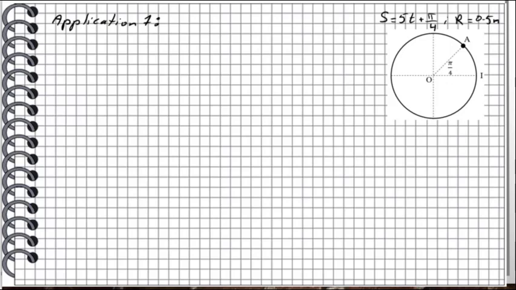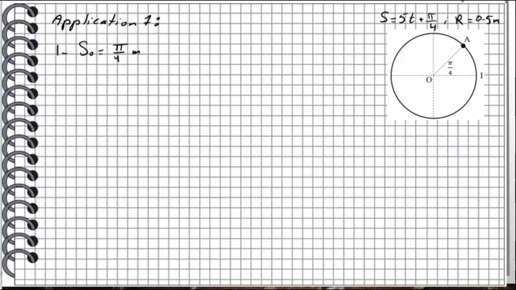I wrote the given here, and I converted the given. The given was 50 centimeter, which means divided by 100, it will be 0.5 meter. Part 1, he asked me to calculate S0. I will substitute 0 instead of time. 5 times 0 is 0, plus pi over 4, I will have a pi over 4 meter. I can leave it.